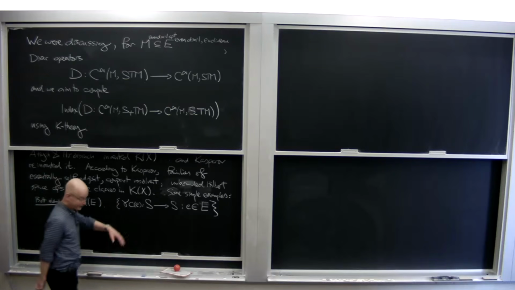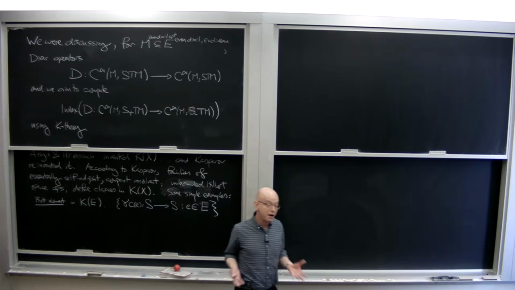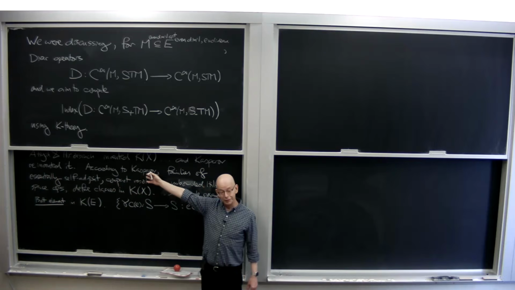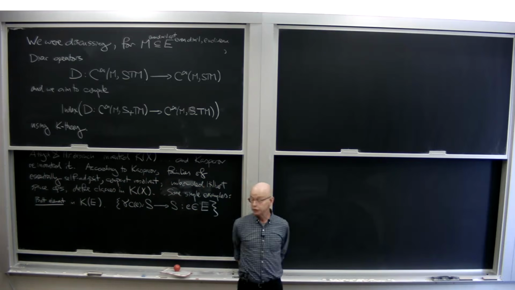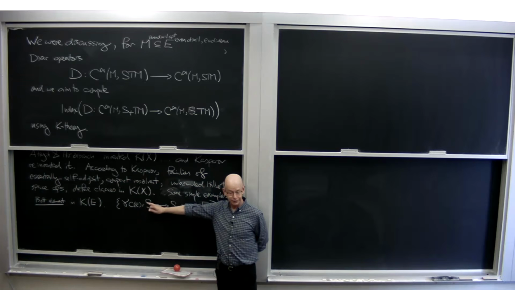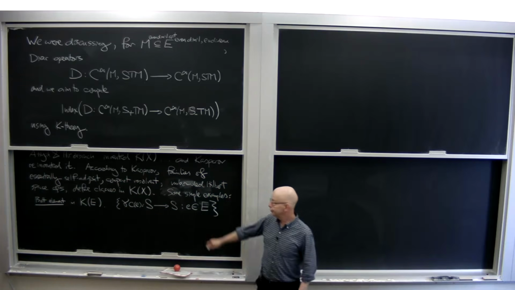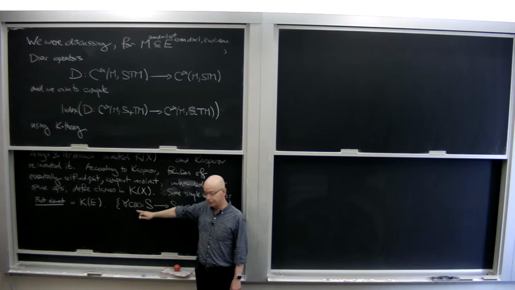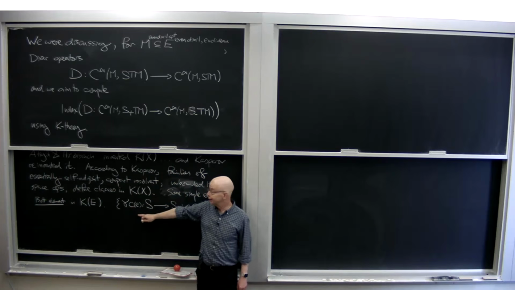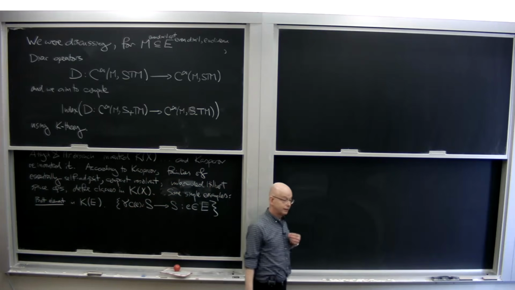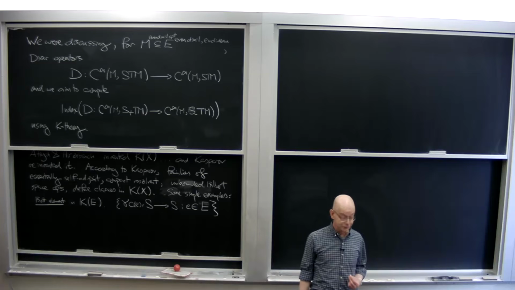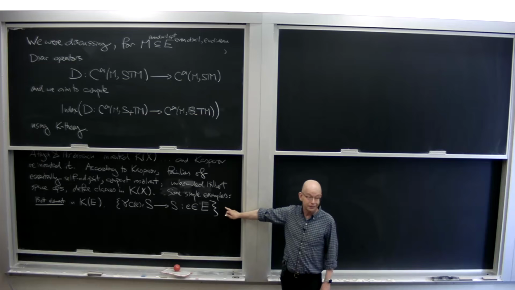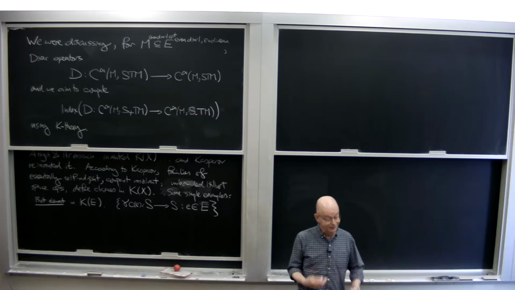And the point about this example, the reason I'm harping on about it, is that it's sort of halfway between the full potential of Kasparov's theory, which allows you to deal with infinite dimensional fiber Hilbert spaces S, whereas here S is finite dimensional, and what Atiyah and Hirzebruch invented. And it's no big deal to take this element, which is written in Kasparov speak, and convert it into something written in Atiyah-Hirzebruch speak. So the topologists know exactly how to handle these elements, and they know how to calculate these using their Chern characters and so on.